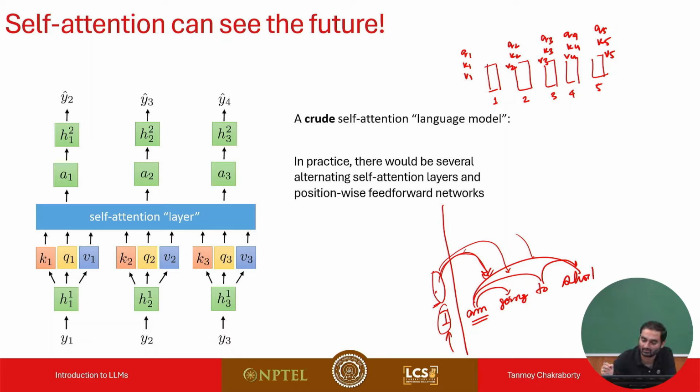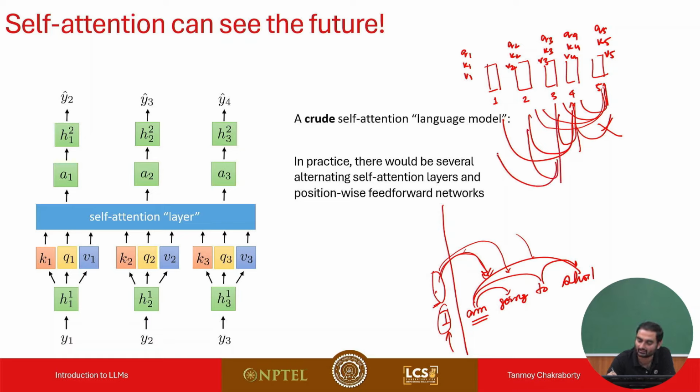We need to make sure that this hidden state will have access to all the previous hidden states. This is obvious, right? But the fourth hidden state will not have access to the fifth one. We'll only have access to third, second, and first. The third hidden state will have access to only second and first, and of course the state itself, third. The second hidden state will have access to state 2 and state 1, and so on and so forth.